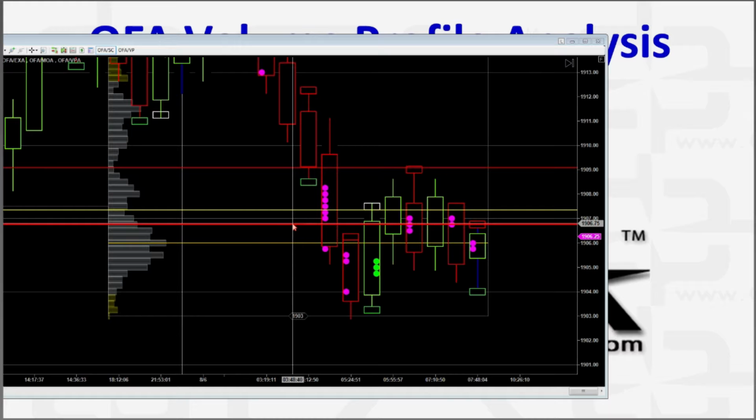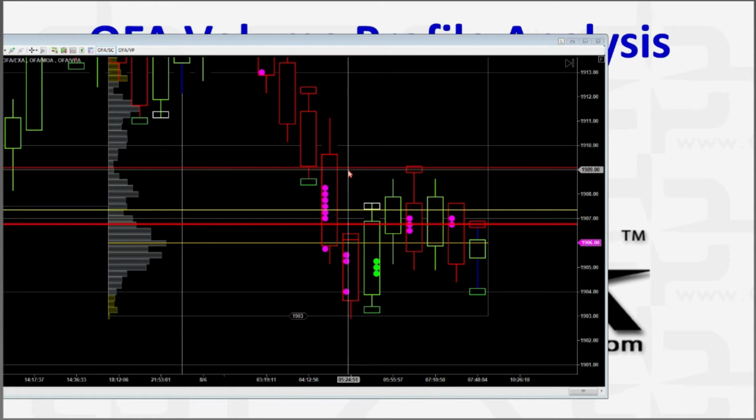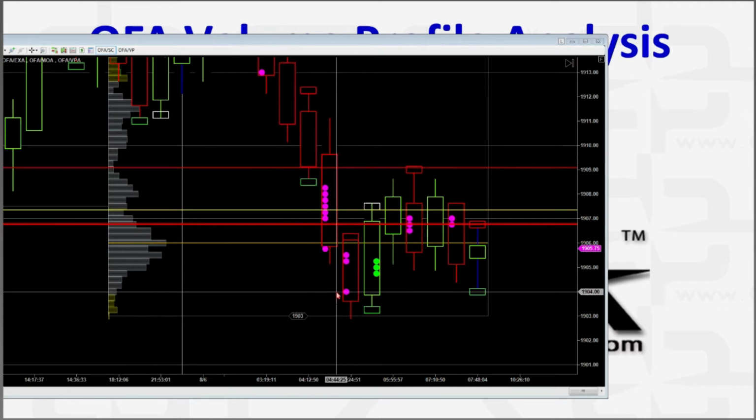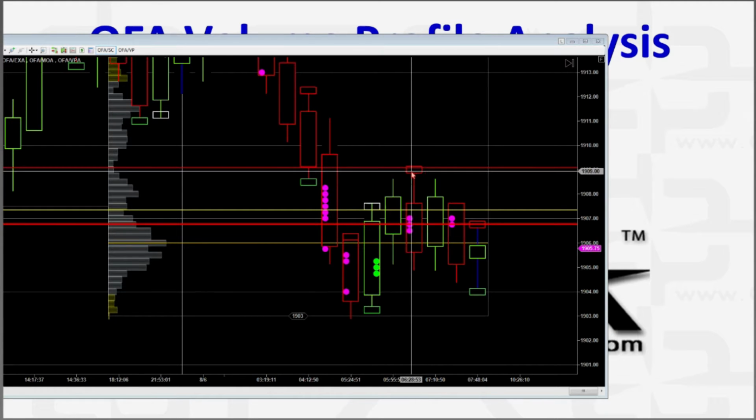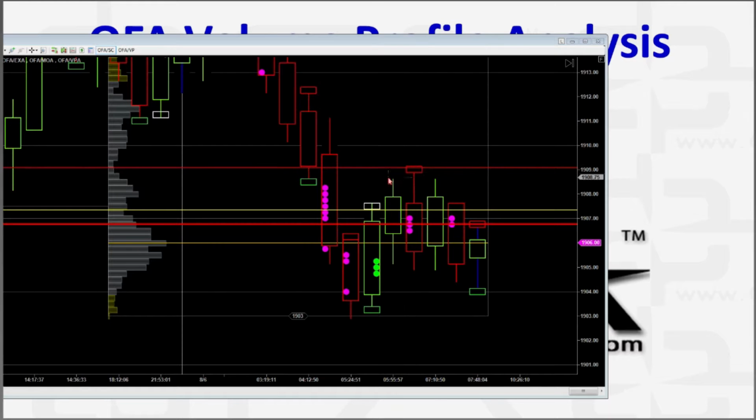So it tells me that at the open, my best course of action is to sit on my hands and watch how this auction develops. Now in the overnight, as price came through this level 1909, it created a low volume area. And you can see from a price standpoint, for those of you who are interested in trading the pre-market, you can see how this continues to work.